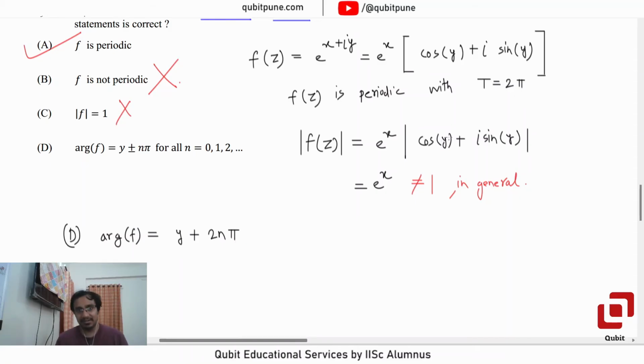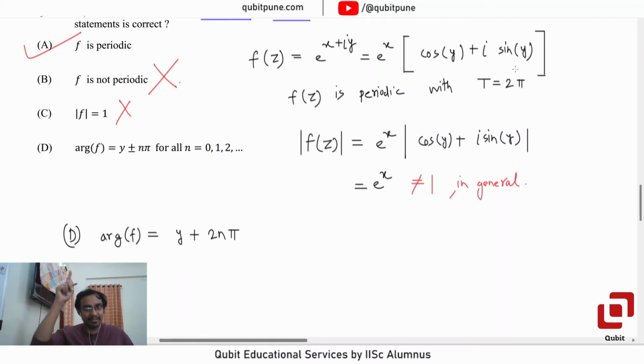Again because of the periodicity, after y we have to come to y plus 2n pi. Well, we may say it's imaginary part upon real part, then we have to take its tan inverse, that's all fine.